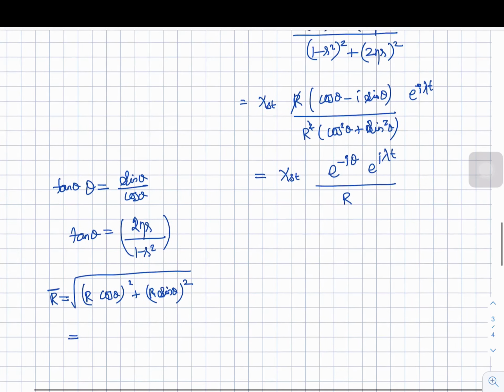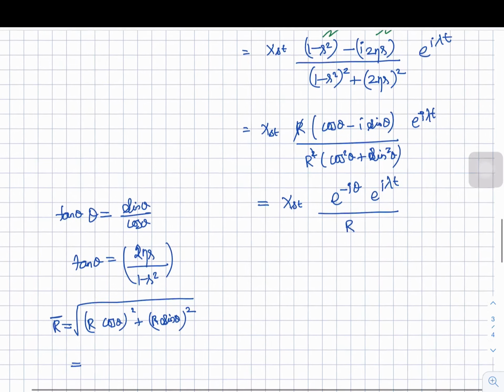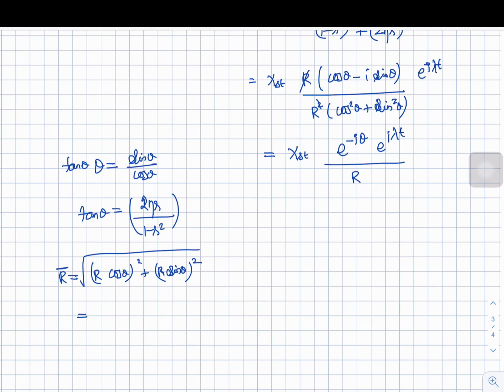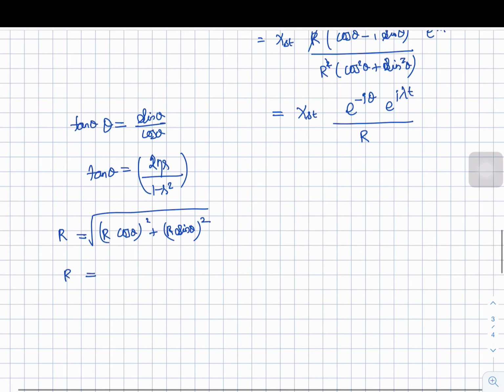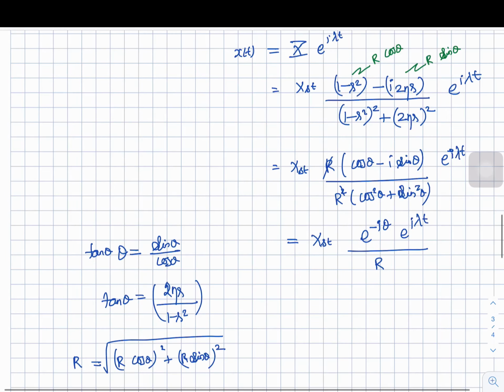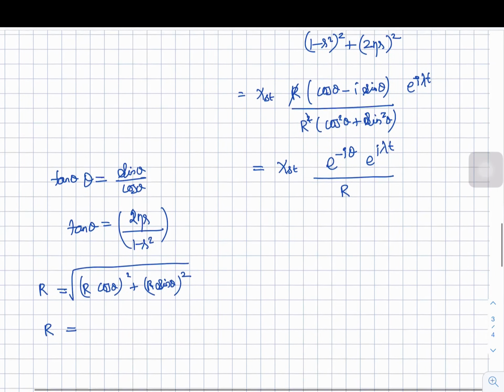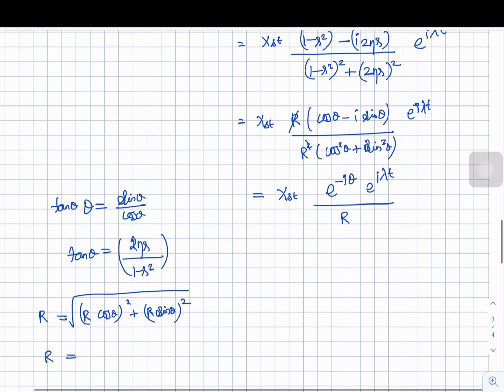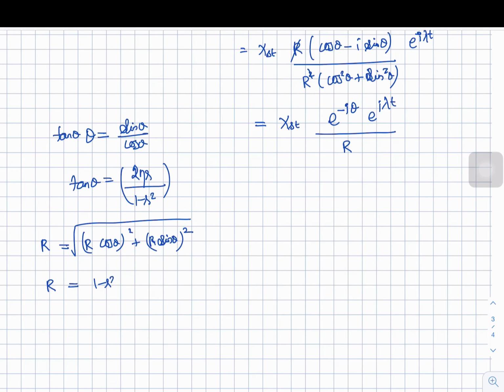So what is r cos theta? This provides r. So then what is r equal to? We will substitute it: square root of (1 minus r square) whole square plus (2 eta r) whole square.